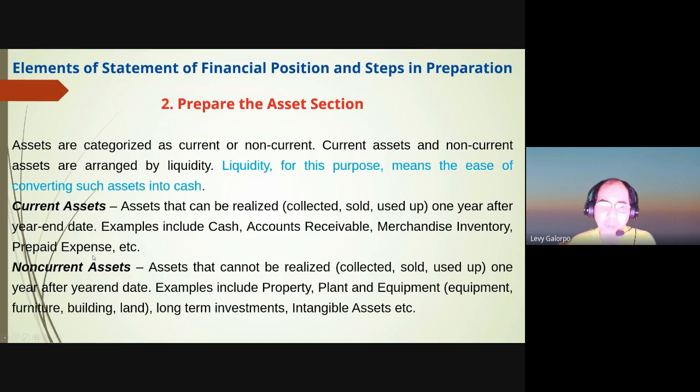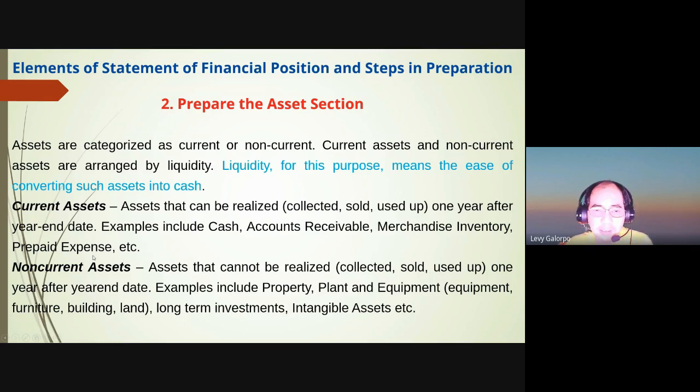Nag-start ako mangupahan noong January, ang binayaran ko, January hanggang May. So, pagdating ng January 31, date ng financial statement, yung February, March, April, at May ay papasok sa prepaid expense. Pagkatapos ng February, mababawasan na naman ng prepaid expense. So they fall under current assets.